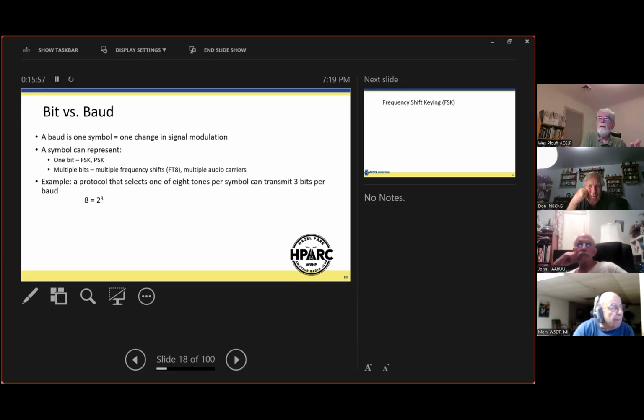If you think about it, FT8, because it uses one of 8 tones for each symbol, can represent 3 bits. Or in other words, it can represent 8 different values, and 8 is the number of values that 3 binary bits can represent.